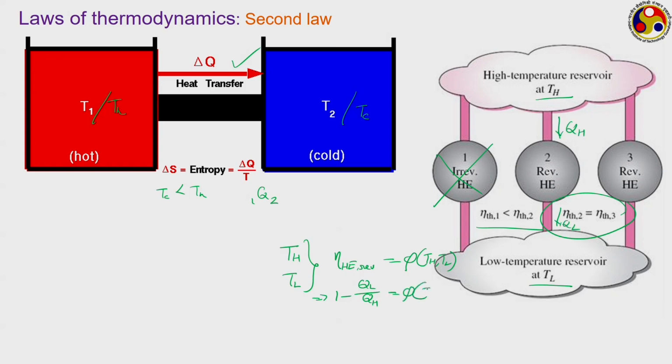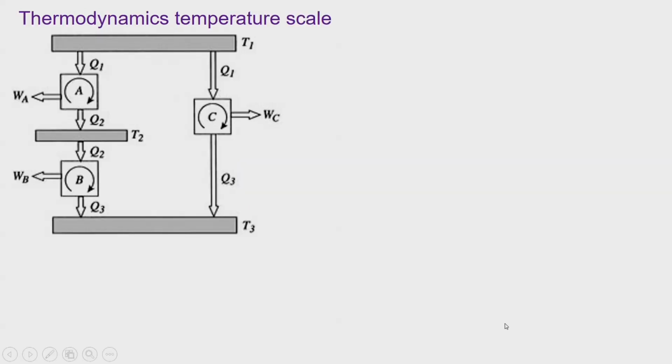So, this has to be a function of TH and TL, that means QL upon QH has to be some function of these two temperatures TH and TL. So, that is something that we have to make use of to define something called the thermodynamic temperature scale, or that single point temperature scale which we roughly mentioned in the previous slides.